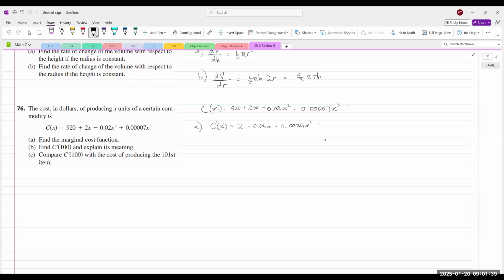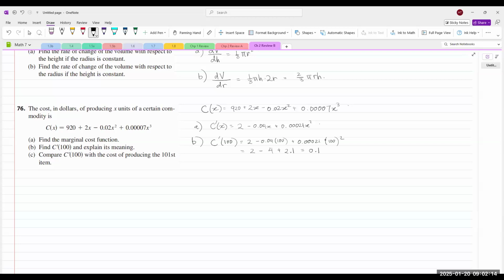Find C prime 100 and explain its meaning. When I replace x by 100, this is 2 minus 4 plus 2.1. This is 0.1, I think so.